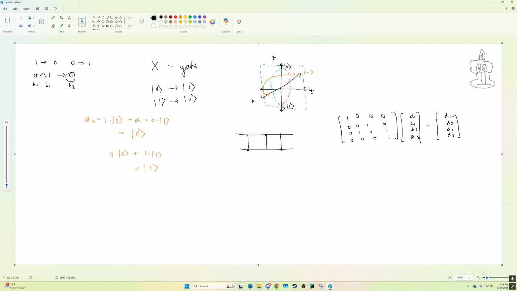And this should look already familiar, but alpha 0 |00> plus alpha 1 |01> plus alpha 2 |10> plus alpha 3 |11> becomes alpha 0 |00> plus alpha 1 |10> plus alpha 2 |01> plus alpha 3 |11>.